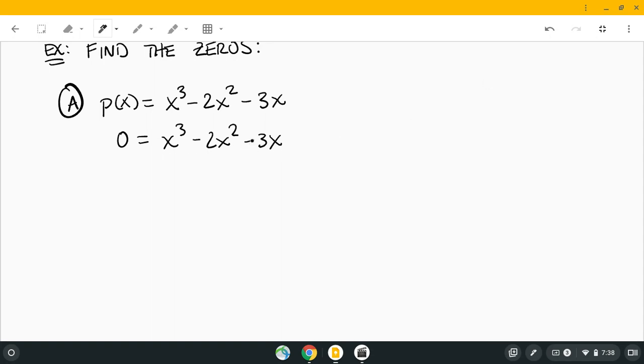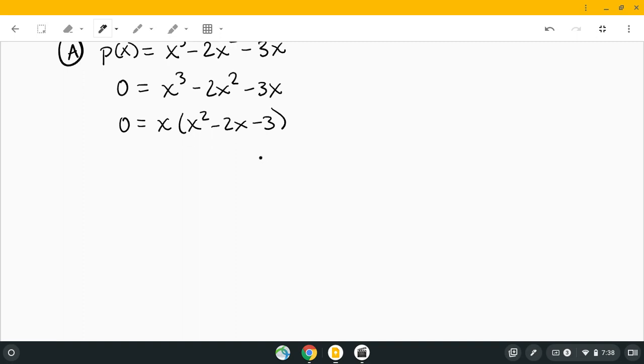All right, so this is where all of your factoring techniques come in handy. I noticed that they all have x in common. So I'm going to go ahead and factor out an x first. And I will be left with x squared minus 2x minus 3. All right, good. Now here I have a quadratic trinomial.